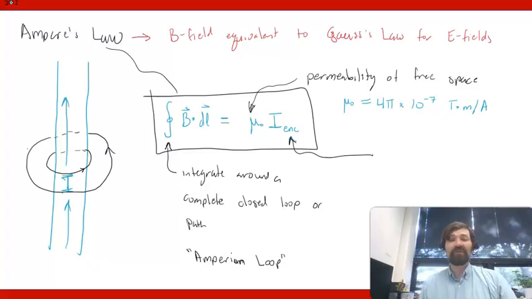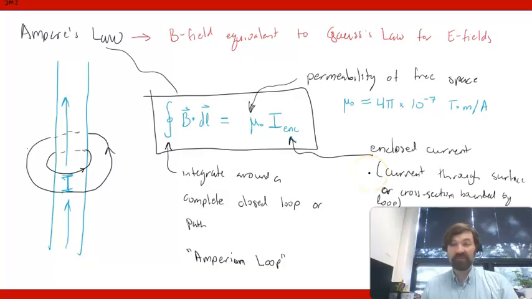So if I were to integrate around this black line which is surrounding this wire, then the enclosed current would be the current in the wire, and if there happen to be any free currents outside of it, you could include those as well. Basically, it is the current that passes through the surface or cross-section that's bounded by the loop.